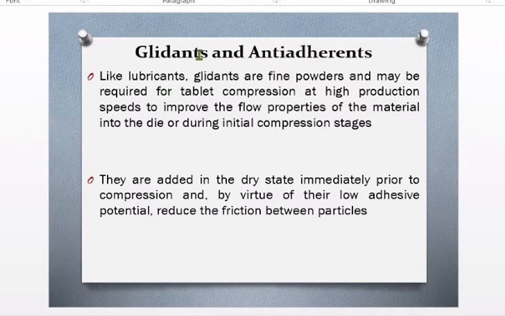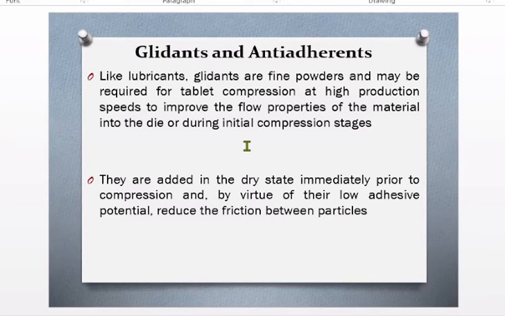So glidants typically reduce the friction between powder particles. And we know that the flow characteristics of powders is dependent on frictional forces acting between particles of the powder. So if you reduce the friction between particles of the powder, you are going to increase the flow characteristics. So in cases where you find that you have poor flow characteristics of the powder, you can then add glidants.